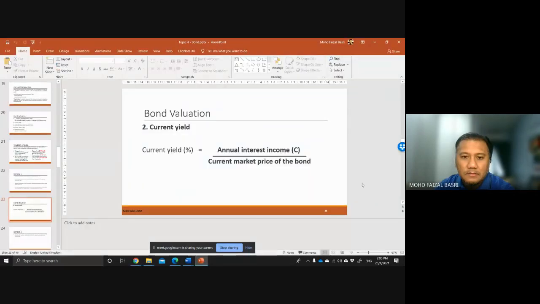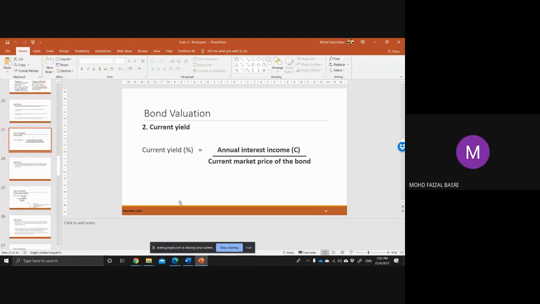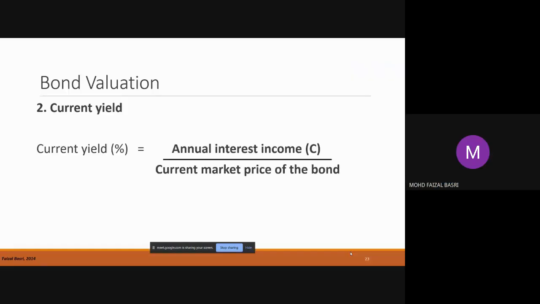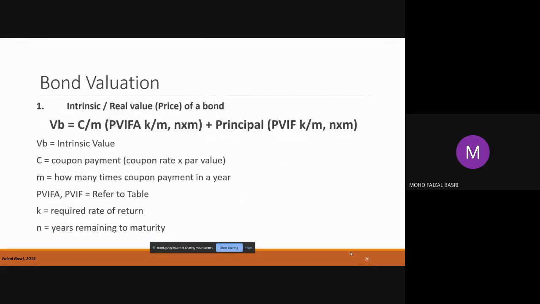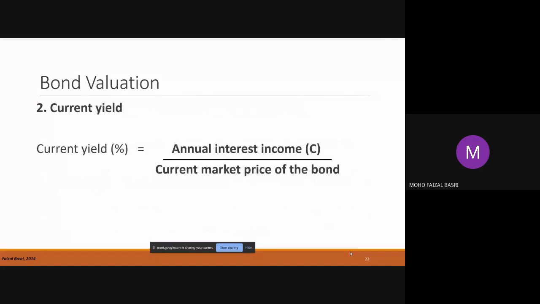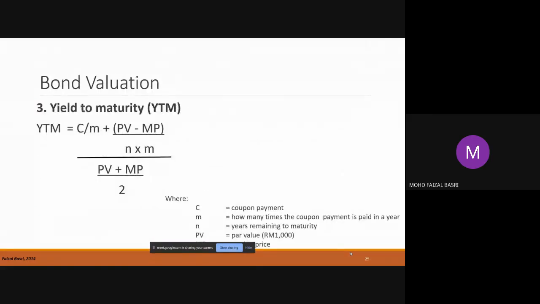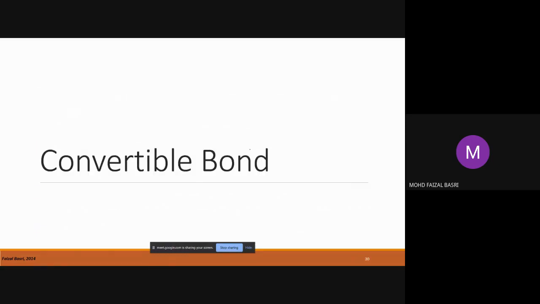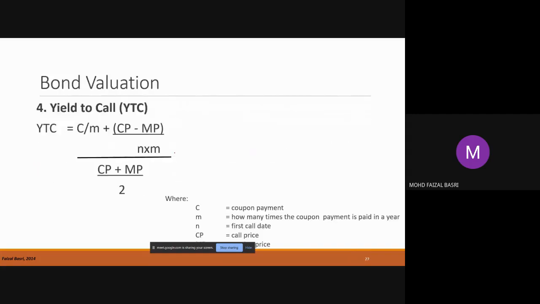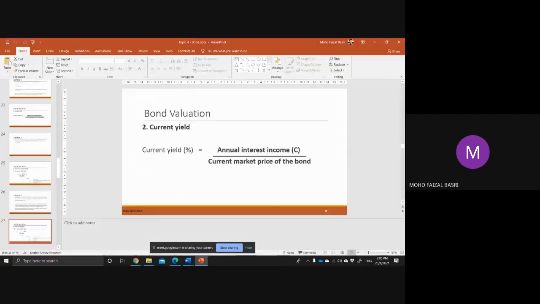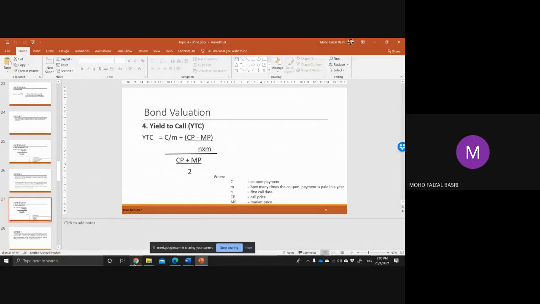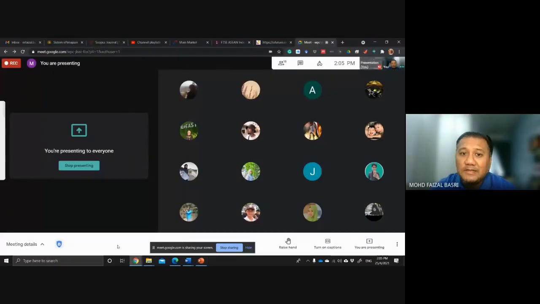Because under the valuation, we have four things that we need to learn, which is the VB itself, and then we have the current yields, then we have YTM, and also YTC, right? In my mind, I can go straight to convertible bond. Cuma I tak ingat I dah go through all four or not.